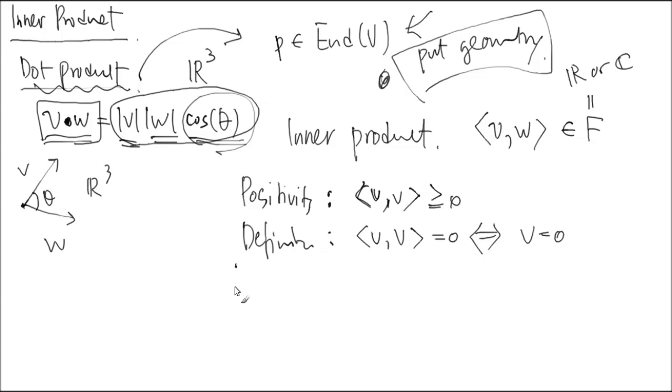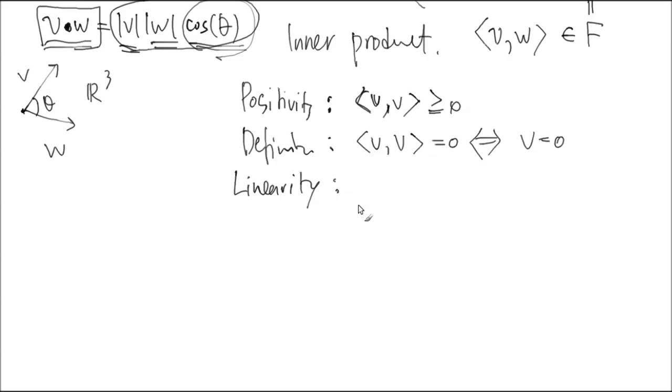And there was some linearity in there. This is called multilinearity. It says linearity in the first slot or something like that. What was that? If I have two vectors, v1 and v2, this becomes, if I remember this, v1 w plus v2 w, right? I think you have seen something like this.